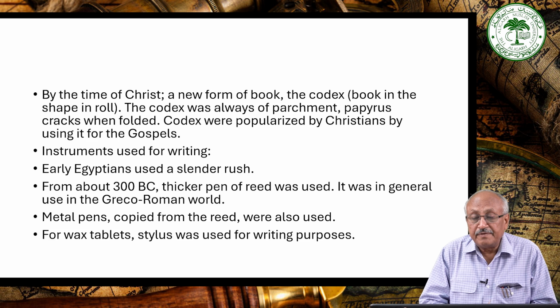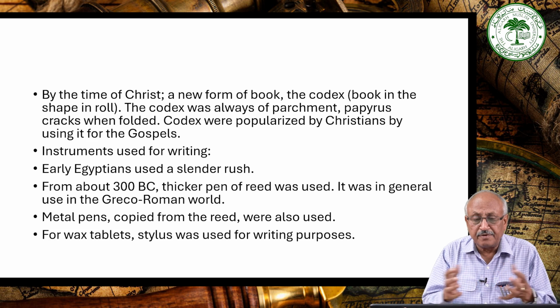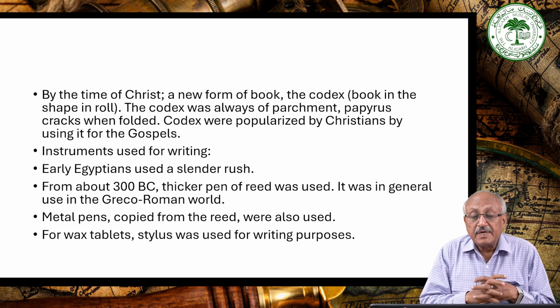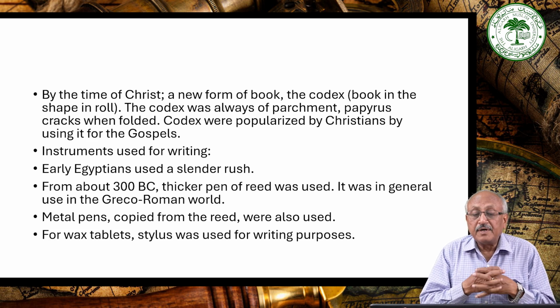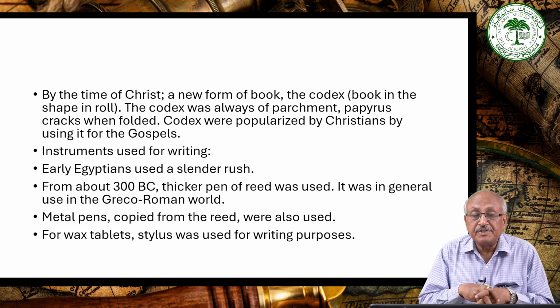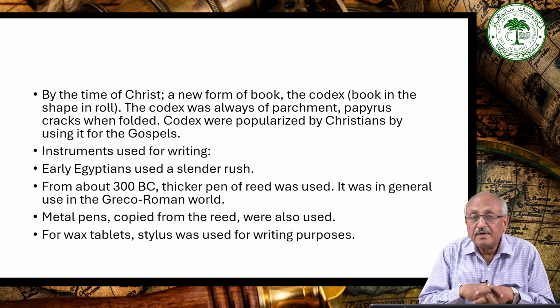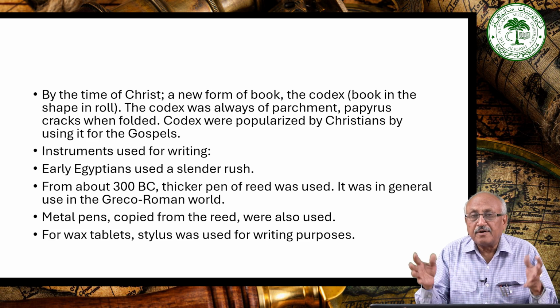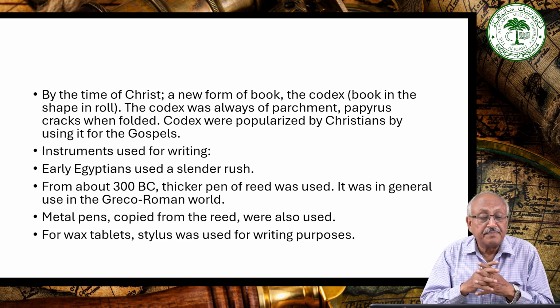The codex was always of parchment. Papyrus has a tendency to crack when folded. So the codex was always of parchment. Codices were popularized by Christians for spreading the gospels. They were written on them.